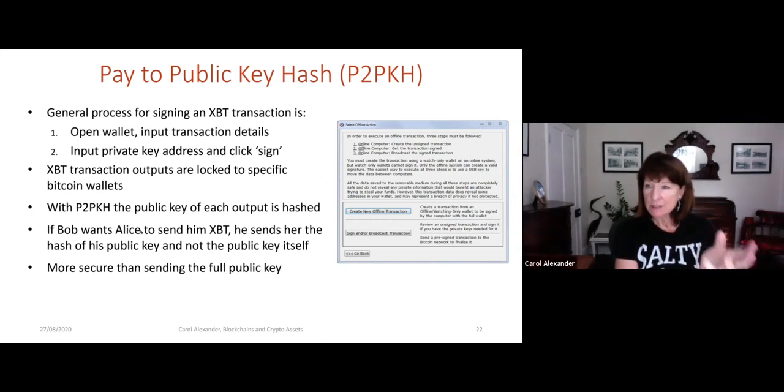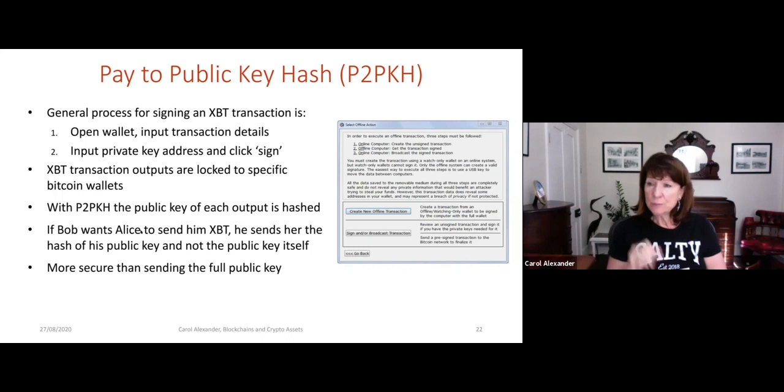So that's your UTXO. It could be more than one transaction you've received that is going to go to one or more addresses. And if you don't spend it all on the fees and who you're sending it to, you would return the rest to you as a new UTXO.